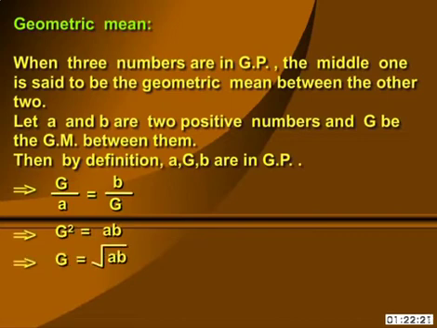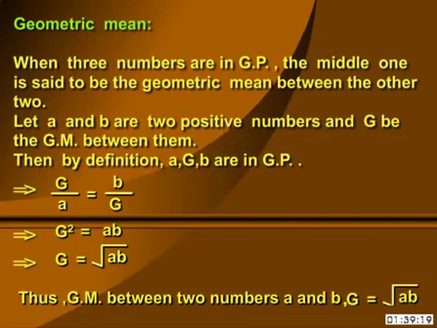It implies that G upon A is equal to B upon G. It implies that G square is equal to AB. It implies that G is equal to square root of AB. Thus, geometric mean between two numbers A and B is G, which is equal to square root of AB.